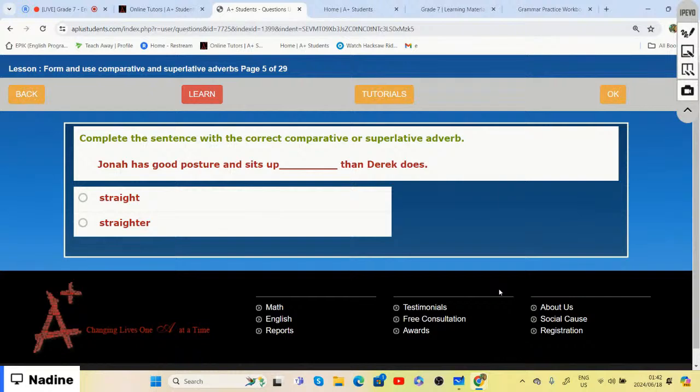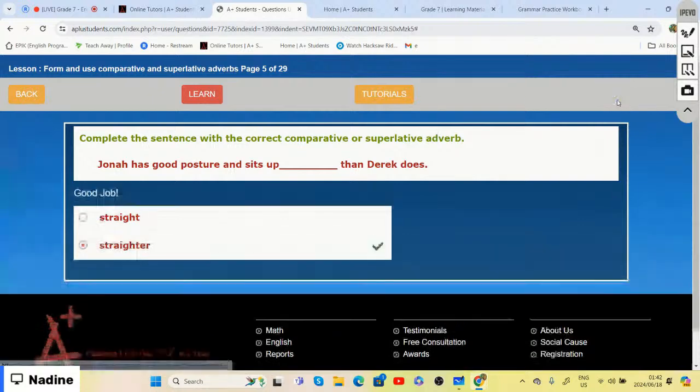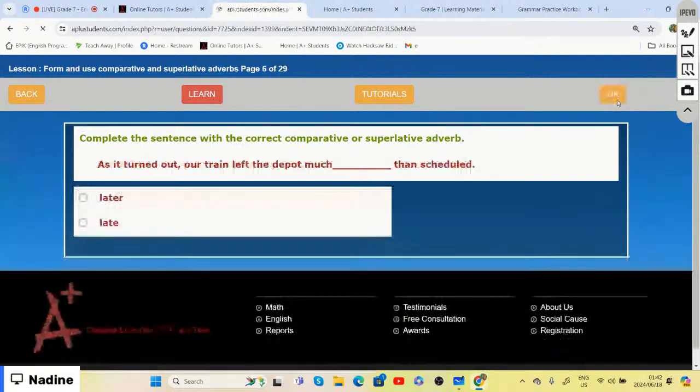And if we were to identify the adverb within that sentence, we would say Jonah has good posture and sits up straighter than Derek does, because the way he sits is being compared to Derek's.